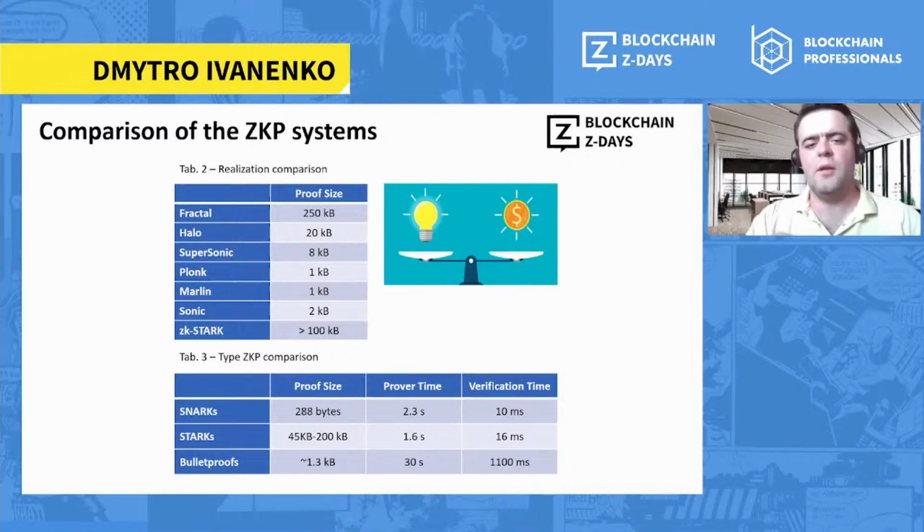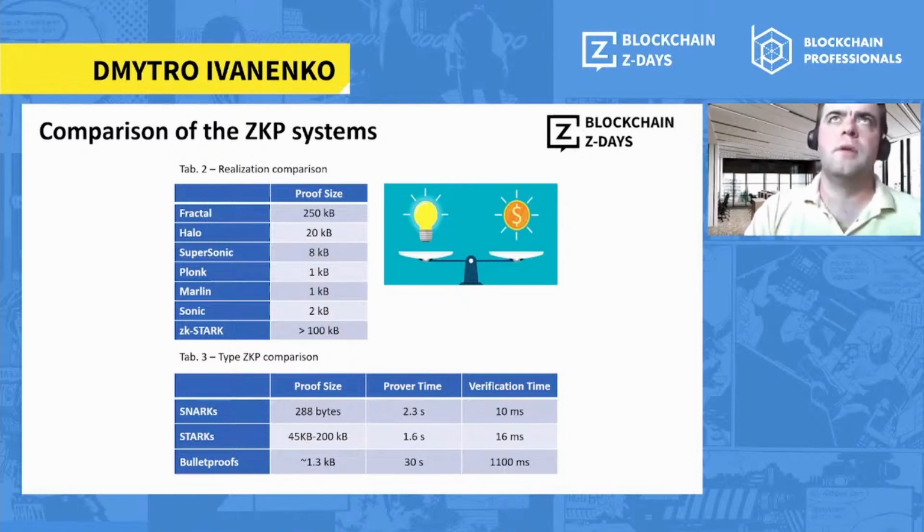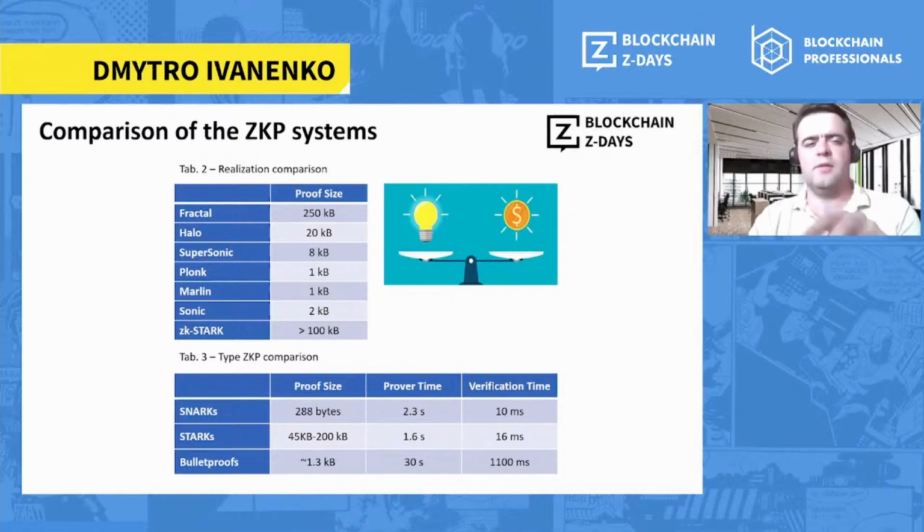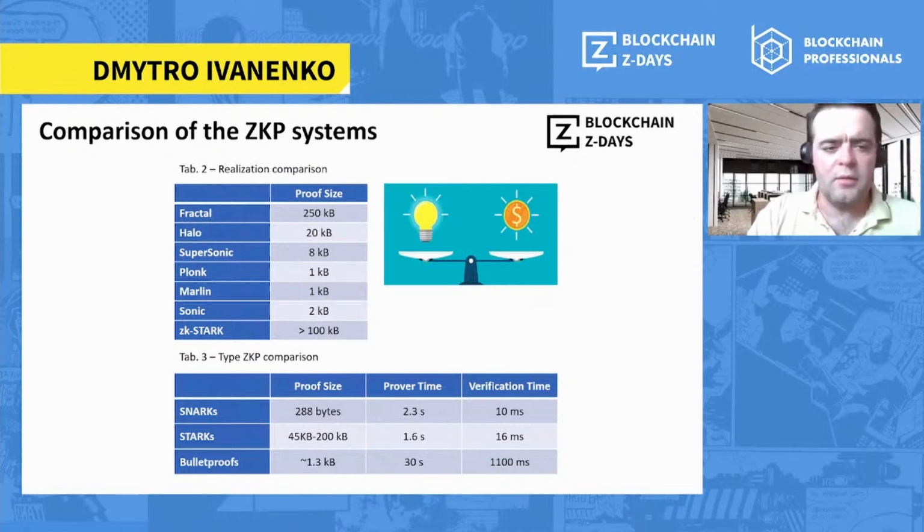But if you talk about proof size, ZK-SNARK is shorter than Bulletproof, and at the moment ZK-STARK is also shorter than Bulletproof. But in terms of setup, Bulletproof has an advantage.